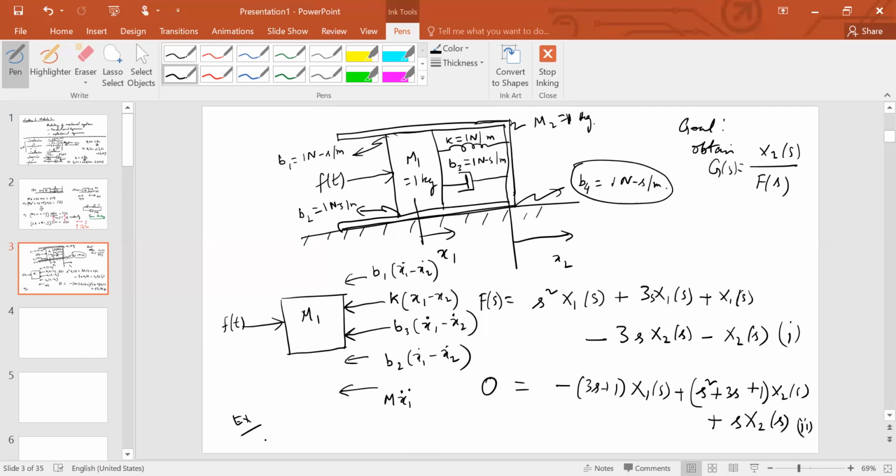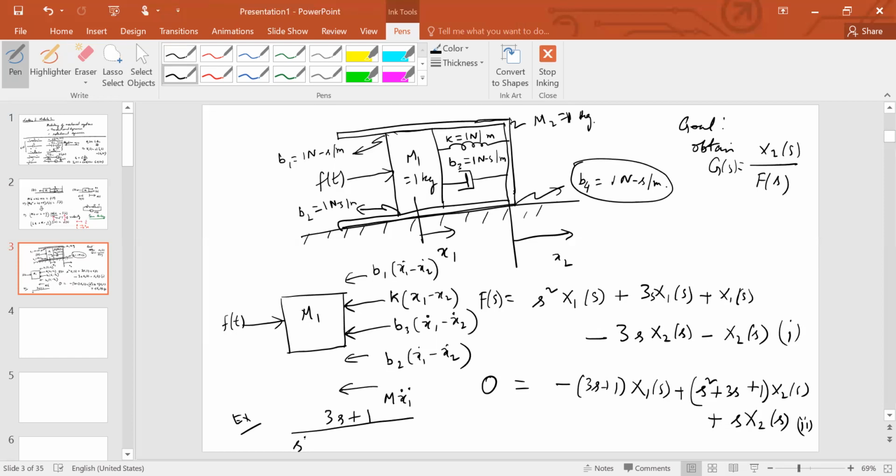So I leave it to you as an exercise to check that this leads to the following transfer function, 3s plus 1. Again, using Cramer's rule. You have two equations, use Cramer's rule, and you'll find that this leads to s to the power 4 plus 7s cubed plus 5s squared plus s. Okay, so that is the resultant transfer function. You can check, all right?